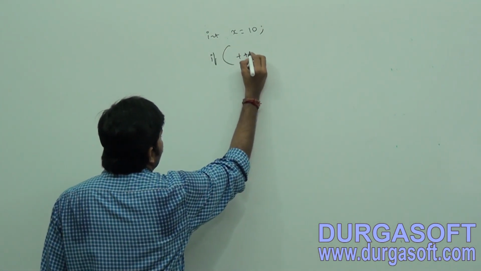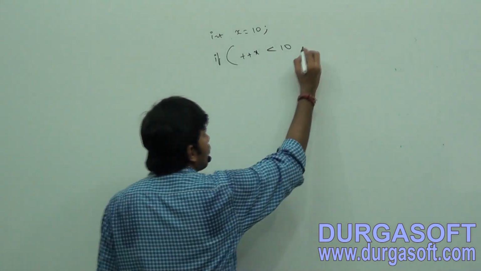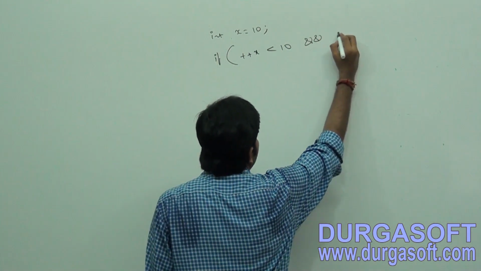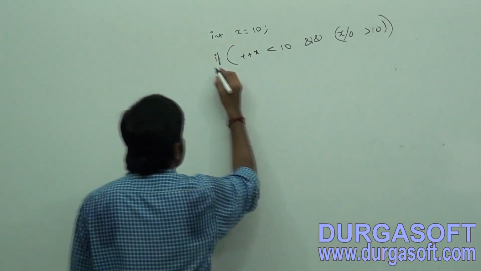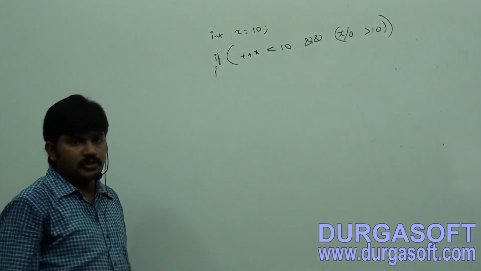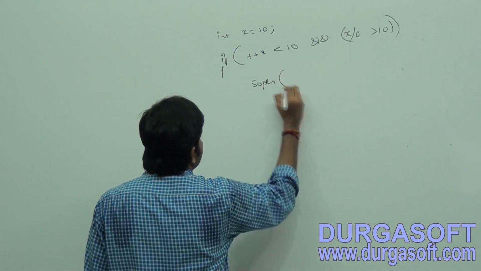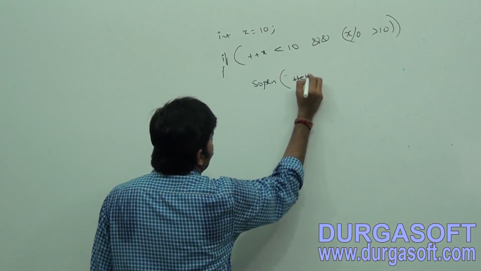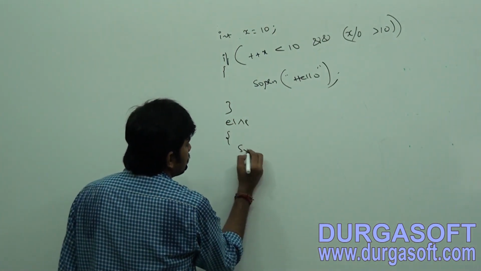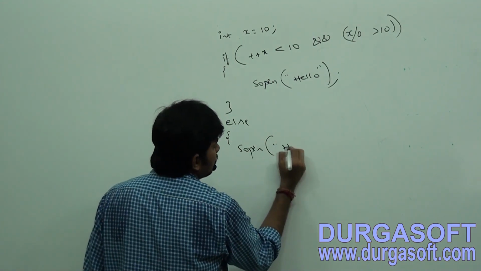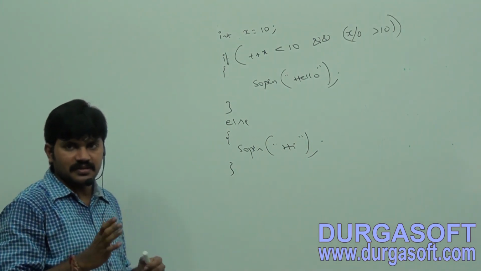If (++x < 10 && x/0 > 10) System.out.println("Hello"); else System.out.println("Hi"). Are you getting? Else hi. Like this I am taking.